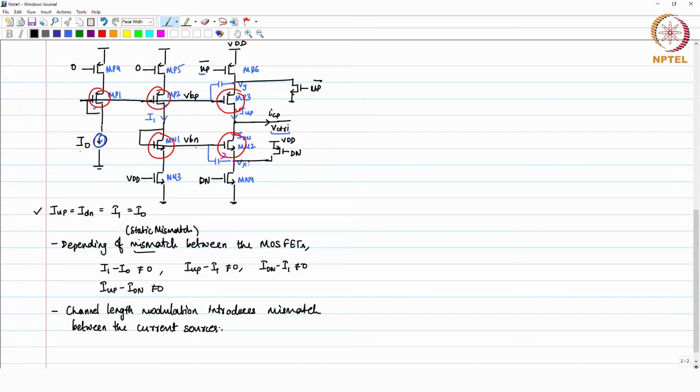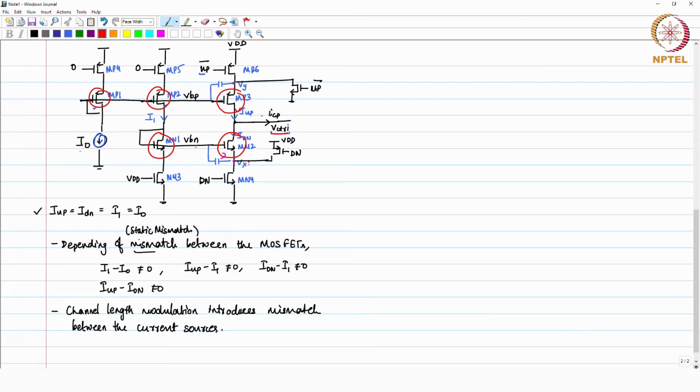And why will it be there during the regular operation? The V control node which you are having, this V control voltage is decided by the PLL feedback loop, which is the control voltage of the oscillator. So, V control can vary.